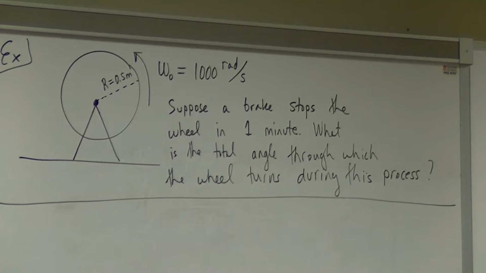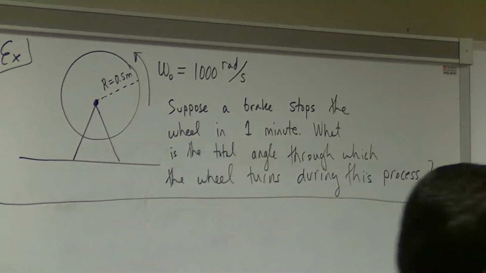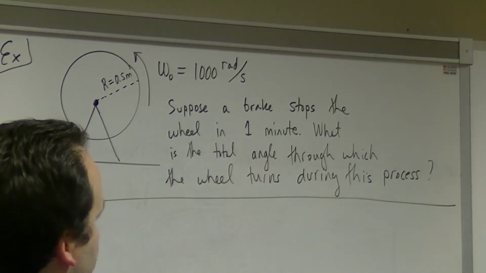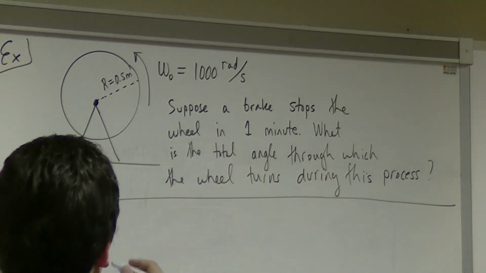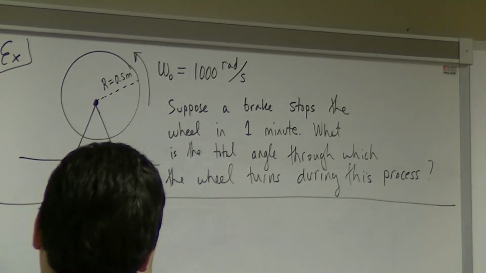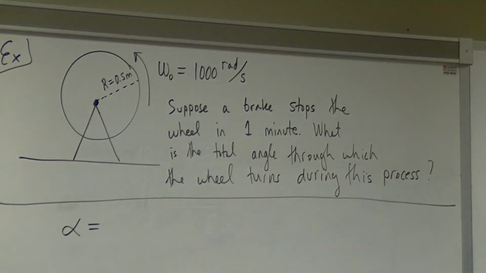Okay, so how do we solve this? We can find the angular acceleration. How? Omega final is equal to omega naught plus alpha t. Basically solve this equation for alpha.